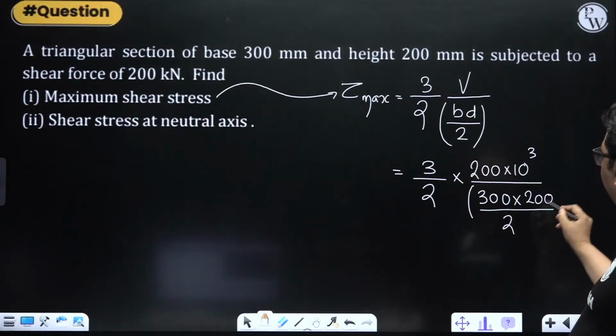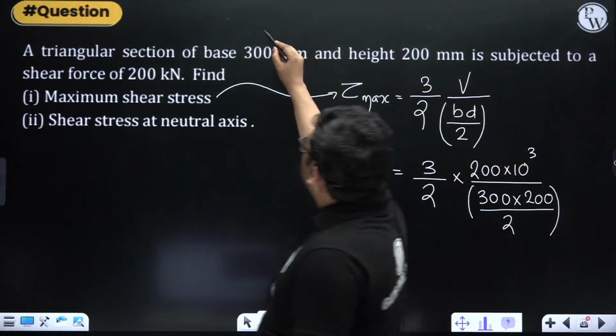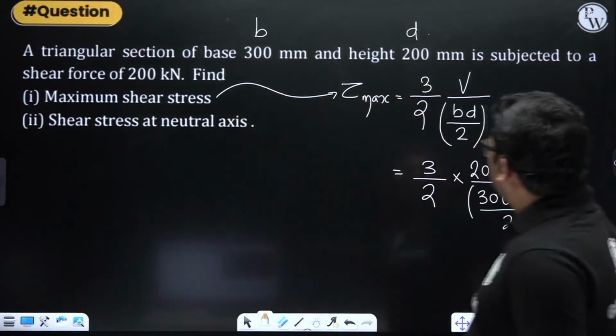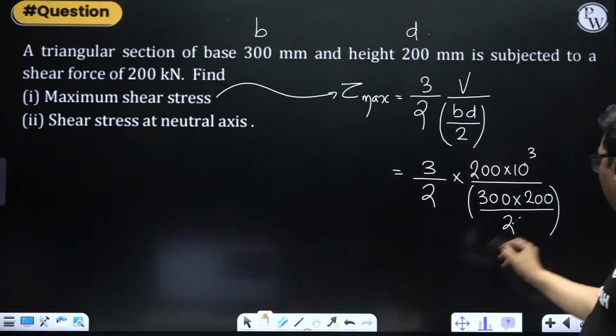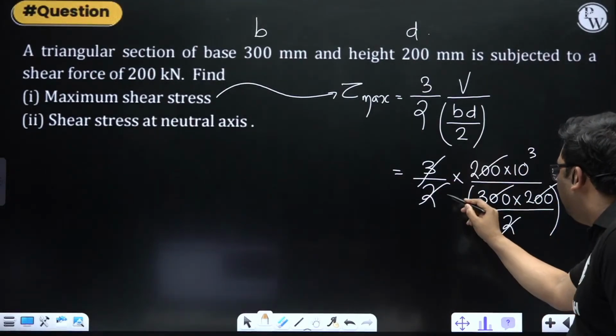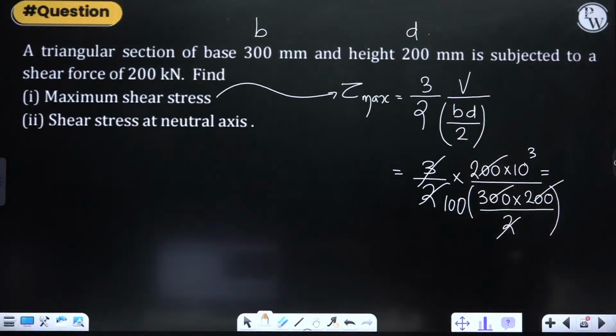Now divided by 2, right? Very easy. This is base 300 and height is this, right? So I can easily find out, 2 get cancelled, this gets cancelled, this gets cancelled. Easy. So maximum stress is 10 Newton per mm square.